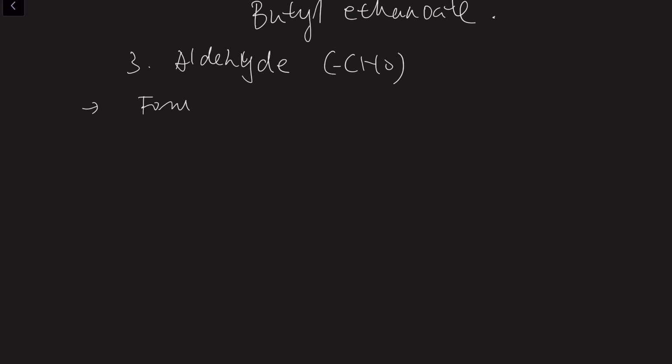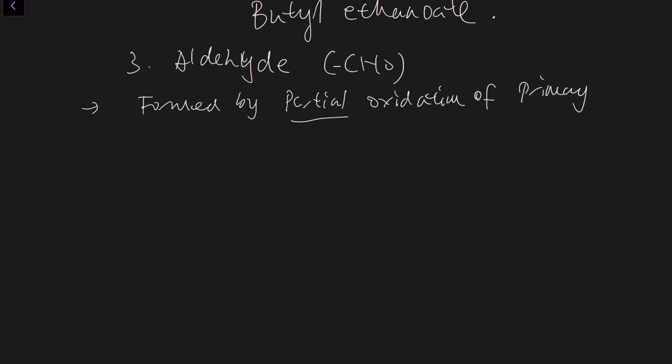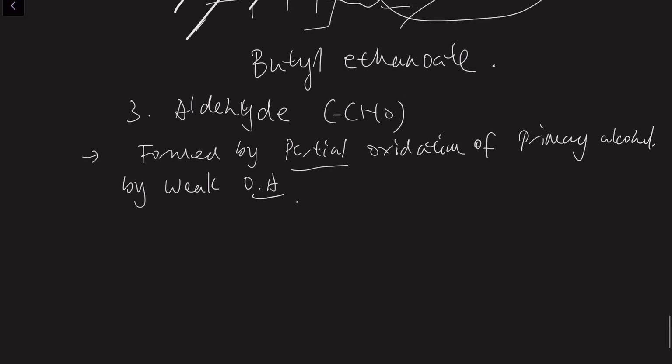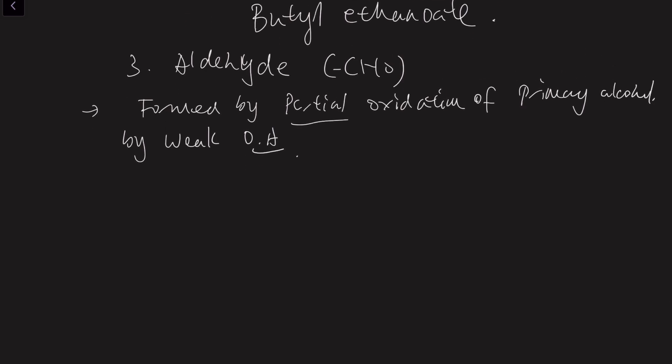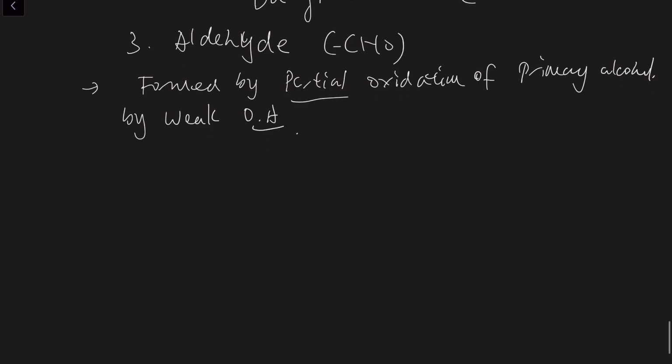It's formed by partial oxidation of primary alcohol by a weak oxidizing agent. So carboxylic acid is complete oxidation, and aldehyde is partial oxidation. It's like the intermediary step between alcohol and carboxylic acid.